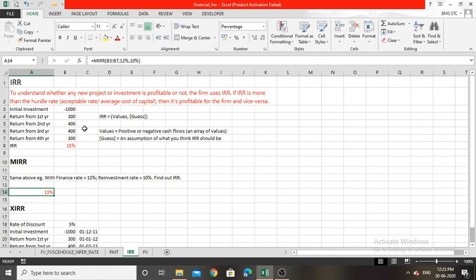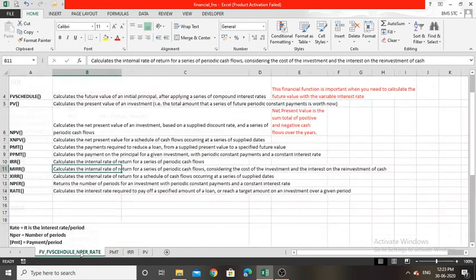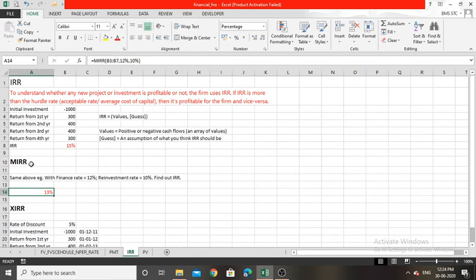In the previous example, there was no reinvestment rate or finance rate. But if we are considering these 2 values, the cost of investment and the interest on the reinvestment, then we should use MIRR. The remaining details are the same as the above example.